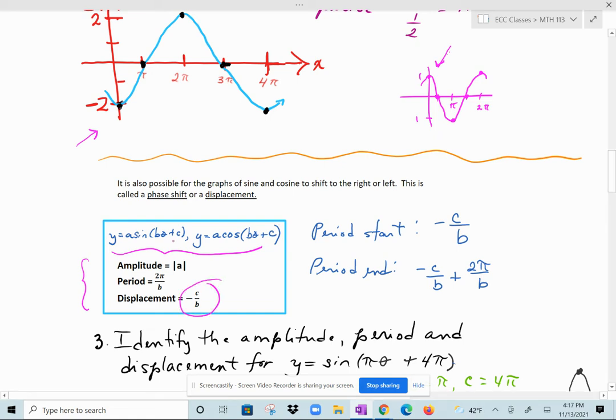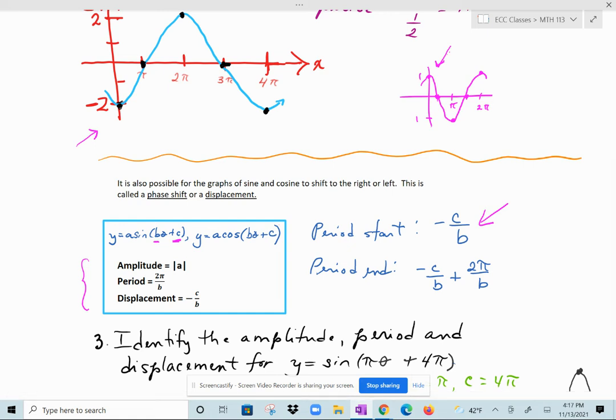And again, that'll be the opposite sign of whatever that value is divided by the coefficient in front of the variable. Once you compute that, then in order to sketch it, you're going to need to know, well, where does the graph start and where does one period of the graph start and where does one period end? And so it will always start wherever your phase shift was. So that computation, negative c over b, is where the graph starts.